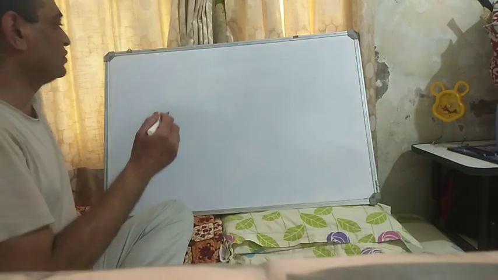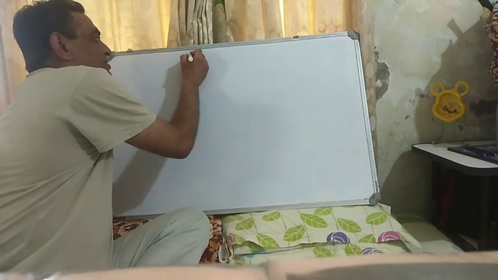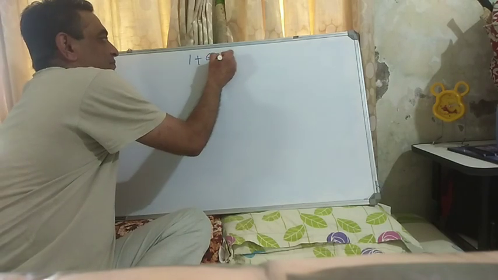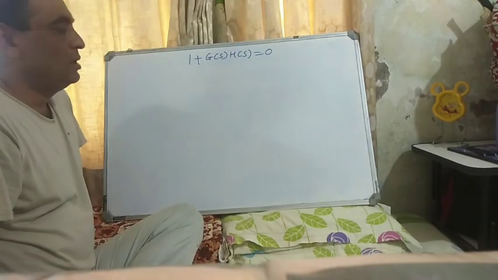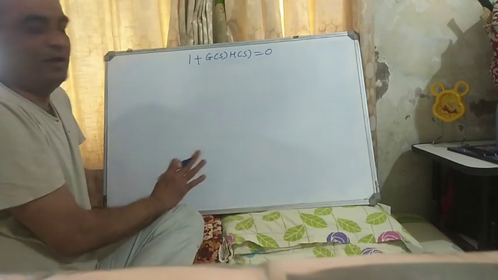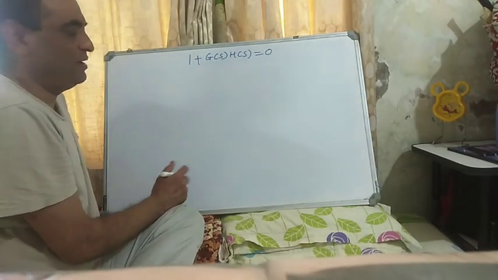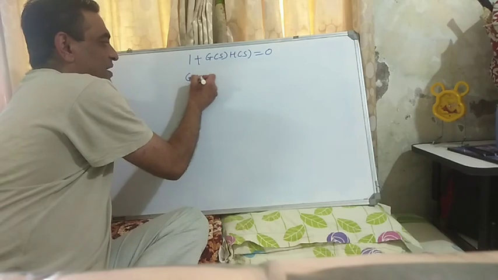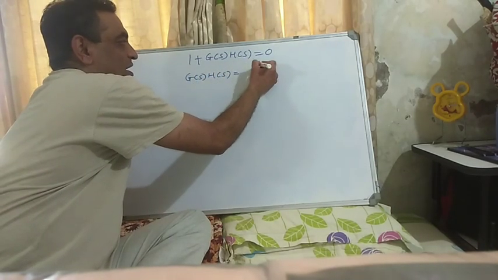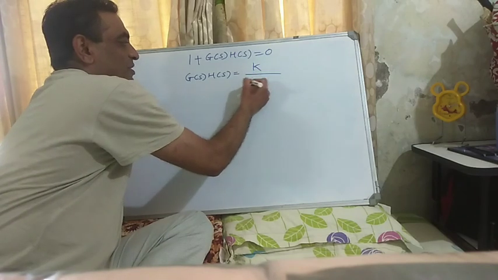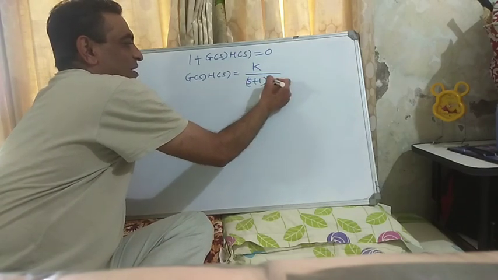For that, we have a characteristic equation, which is a function of k. Let's say g(s)h(s) equals k into (s plus 1) into (s plus 2).